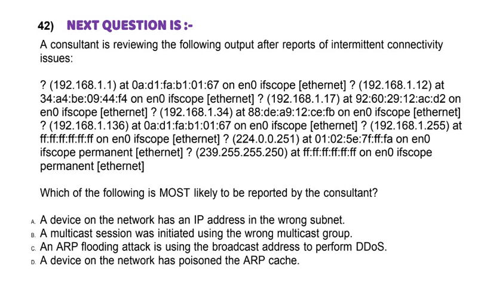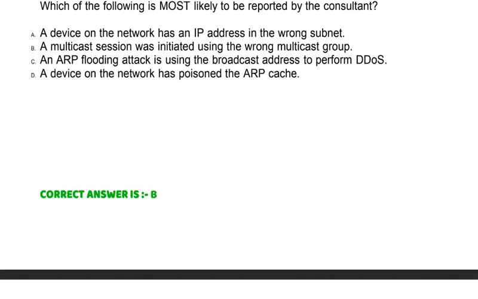Option A, a device on the network has an IP address in the wrong subnet. Option B, a multicast session was initiated using the wrong multicast group. Option C, an ARP flooding attack is using the broadcast address to perform DDoS. Option D, a device on the network has poisoned the ARP cache. Correct answer is option D.